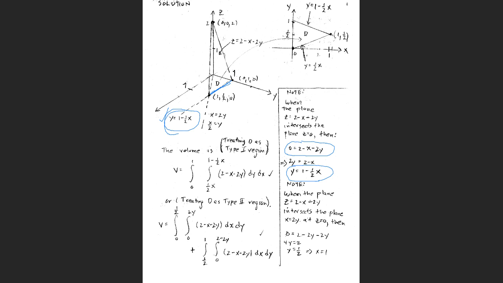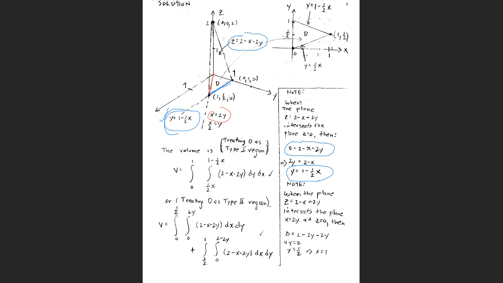Now this plane, z equals 2 minus x minus 2y, also is going to intersect the plane x equals 2y, or y equals x over 2. The intersection will be in the xy plane, and it's going to follow this line right here. So what's the equation of that line?